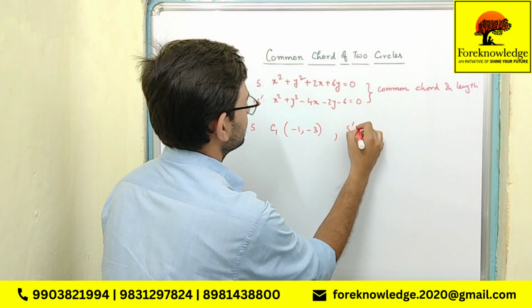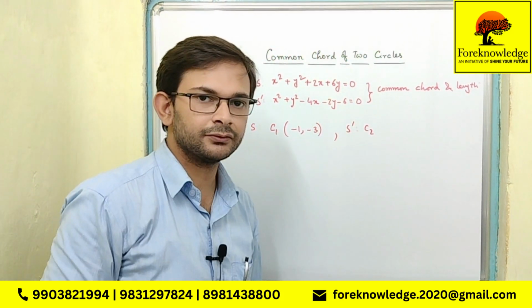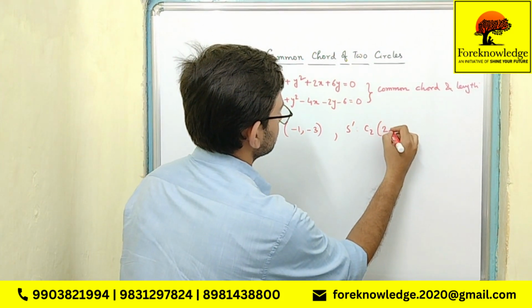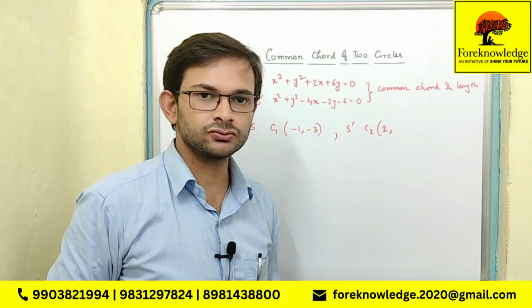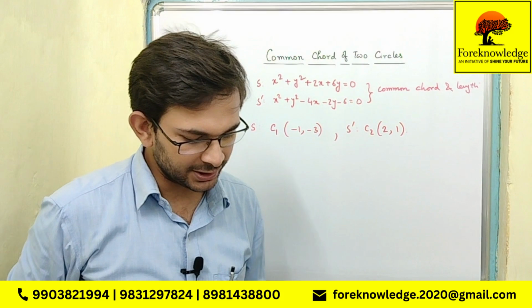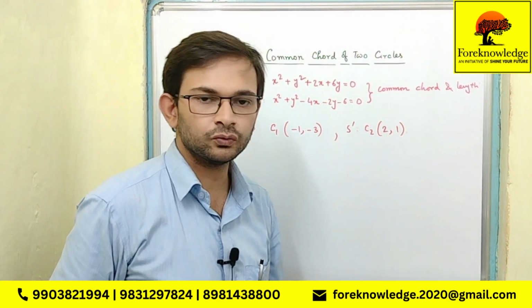And for the second circle, 2G is minus 4, so G is minus 2, so minus G is 2. 2F is minus 2, so F is minus 1, so minus F is 1. So the centers are (minus 1, minus 3) and (2, 1).